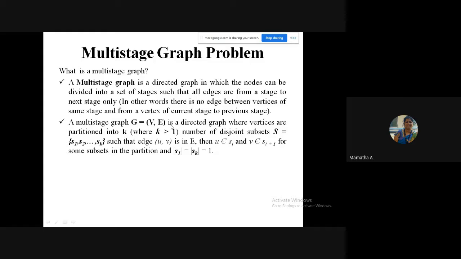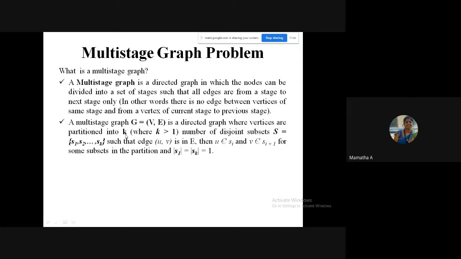Why am I saying disjoint subsets? Because the vertices in every stage are unique compared to the other stages. And you all know that K indicates the number of stages.